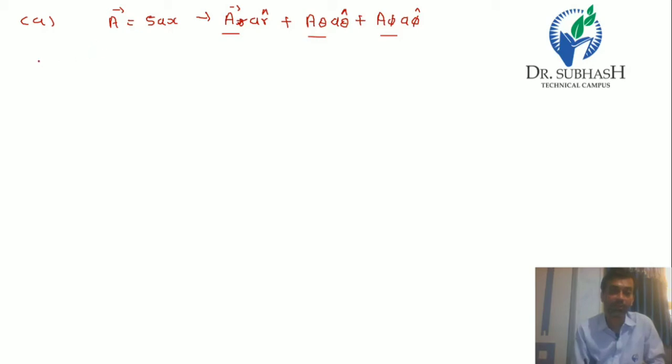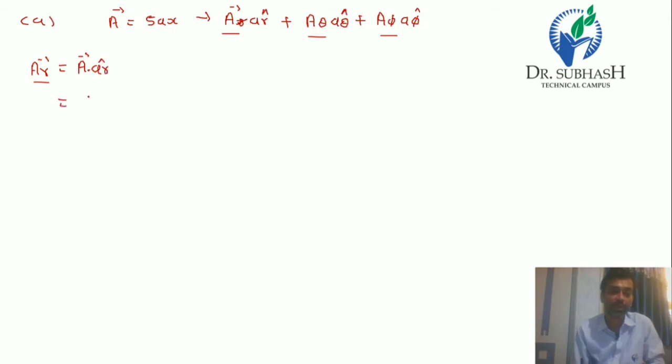So first of all we find the Ar component of the spherical coordinate. For that there is a simple formula: from which vector we have to find, and which component we have to find. Here we have to find the component Ar, so it is the dot product of the vector with the component being found.